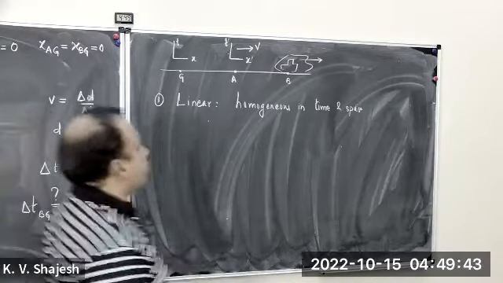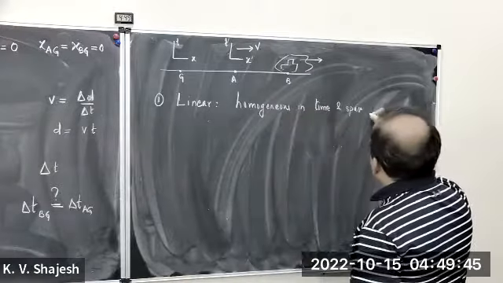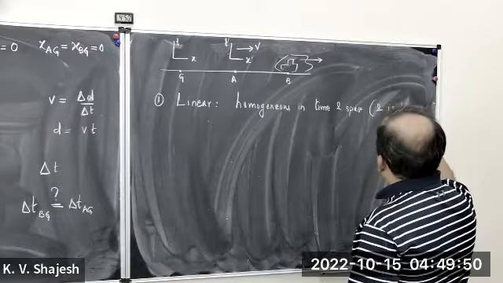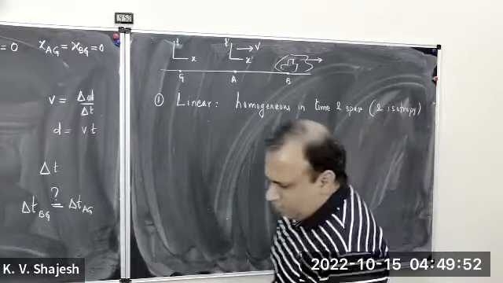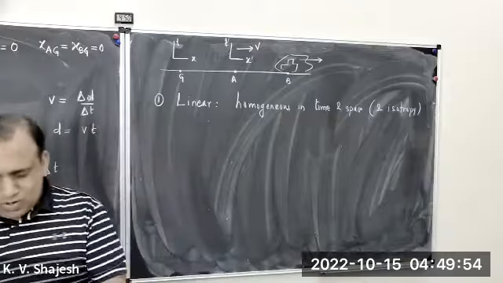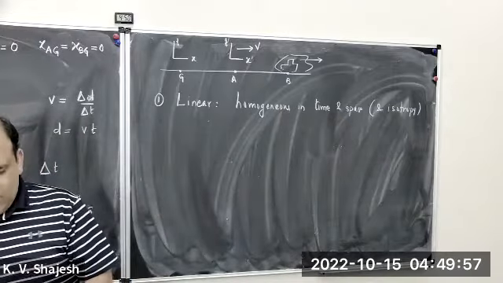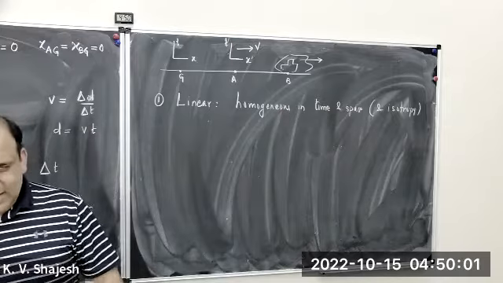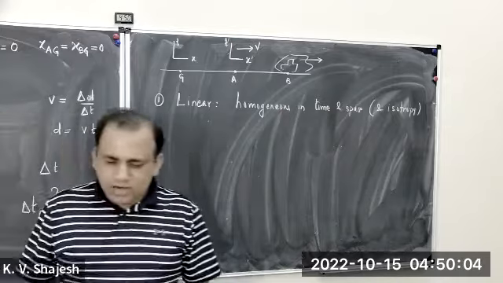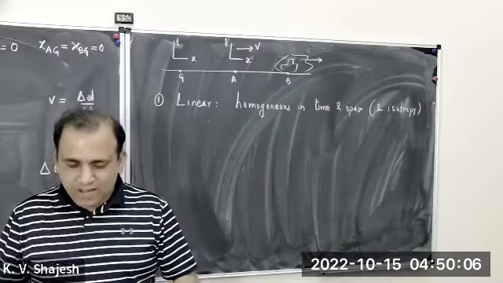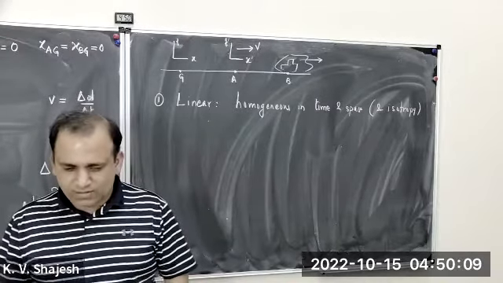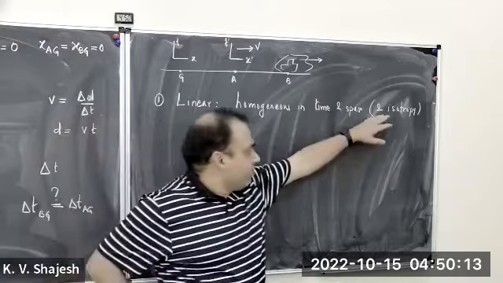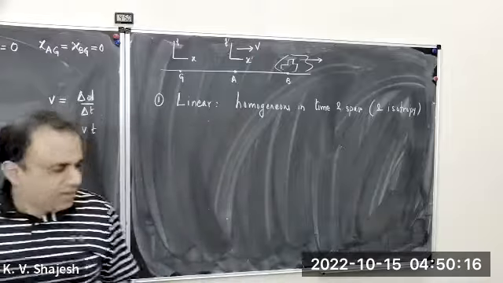Then you will need isotropy also. In principle, isotropy means that whether I do my experiment looking towards the north, or looking towards the east, that should not change. That means my equations should not depend on what direction my lab setup is made. And that is what is meant by isotropy in space.